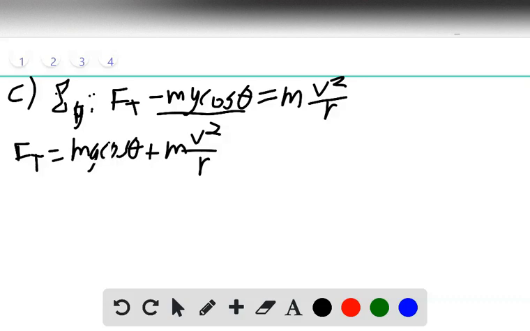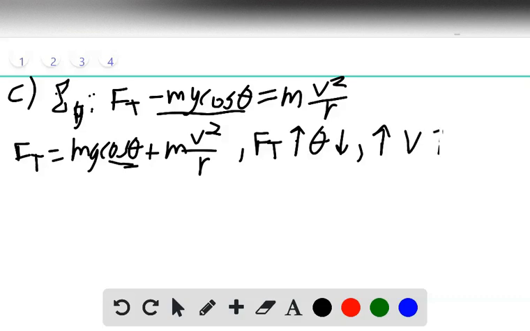And the cosine of an angle decreases as the angle increases, so as this angle decreases, cosine is going to increase. So F of t is going to increase when theta decreases, and it's going to increase when v increases.